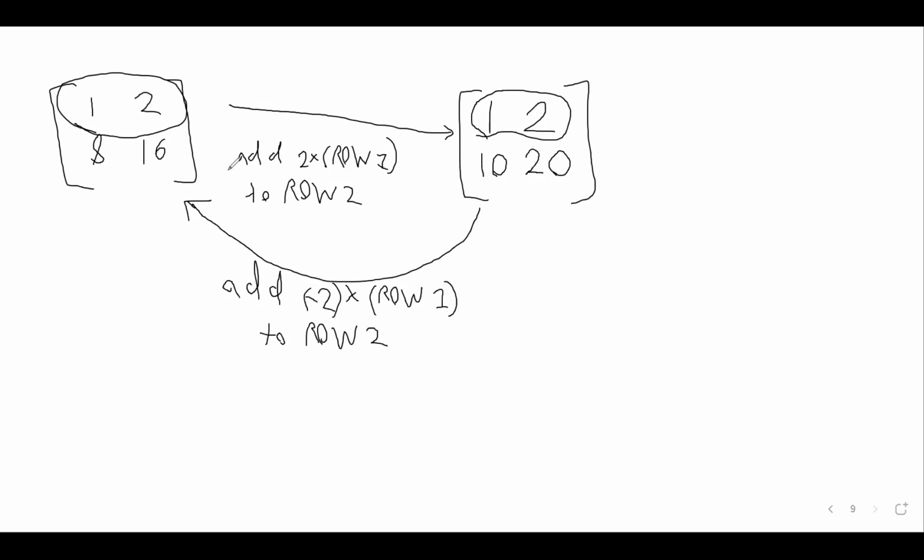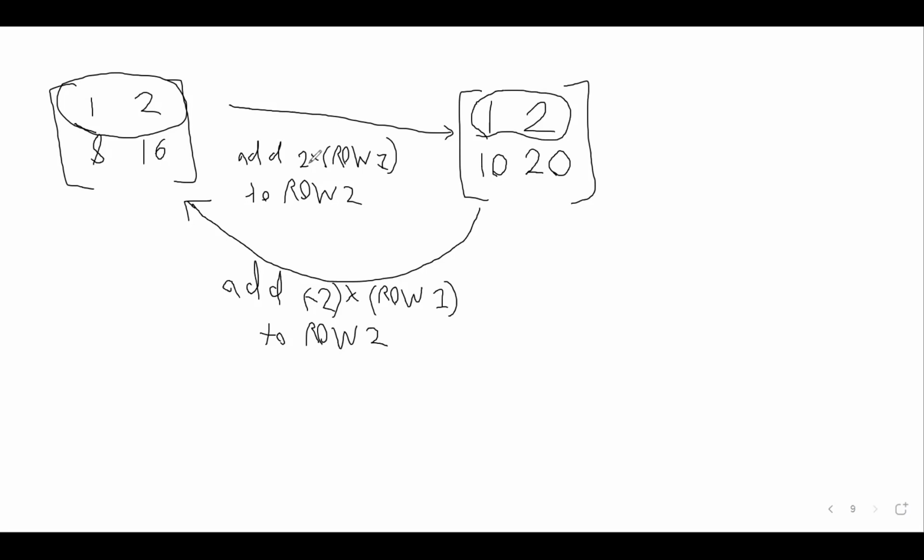Okay, so again, if you add 2 times row 1 to row 2, to negate the effect, instead of adding 2 row 1s to row 2, you have to now take away 2 row 1s from row 2 to negate the effect of adding 2. You subtract 2 row 1s. All right, and so now that's the inverse operation in a specific case, right?